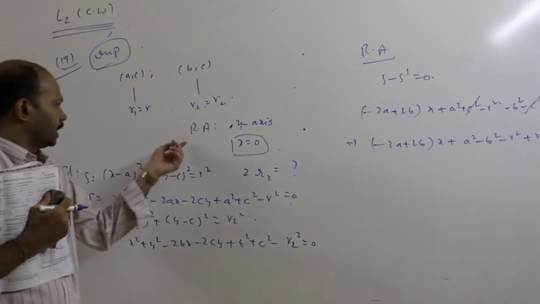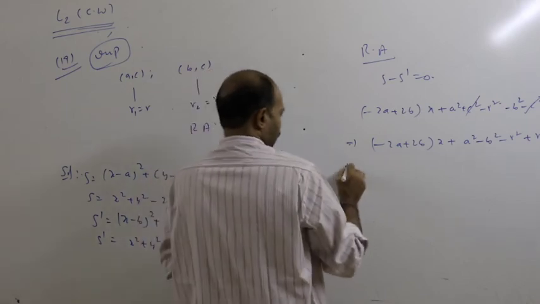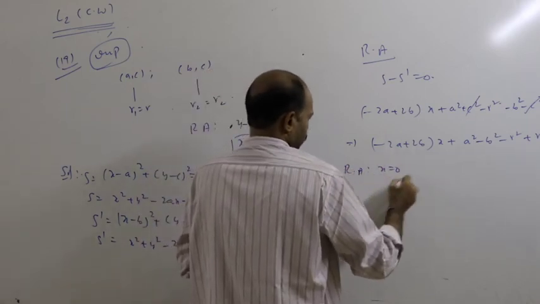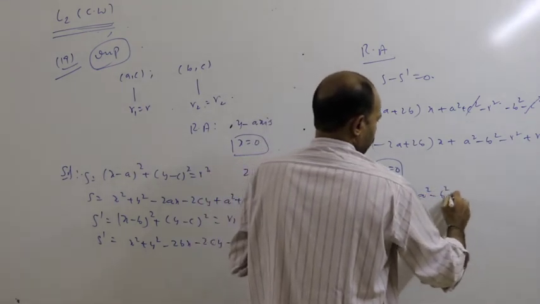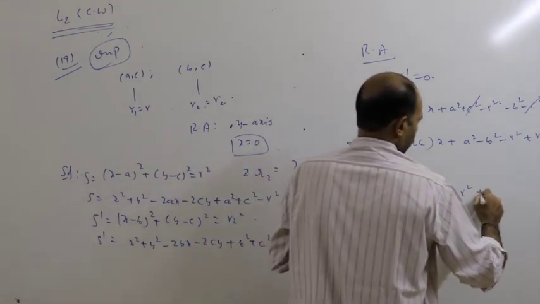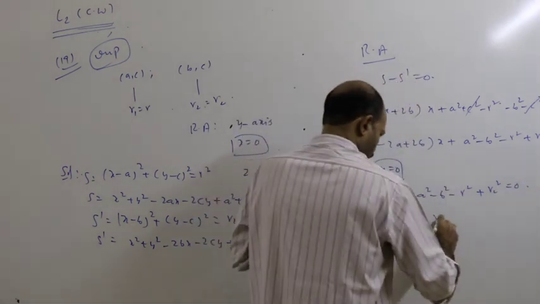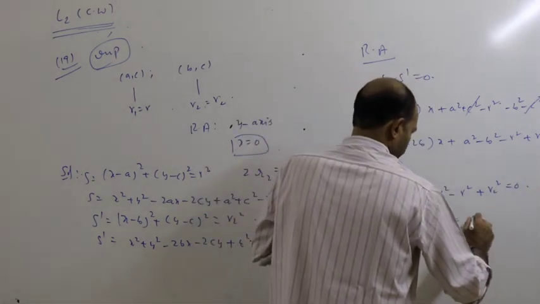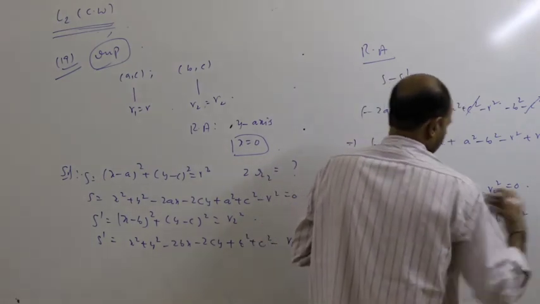But given this radical axis is the y-axis, that means x should be 0. The radical axis is x equal to 0. This implies the x term becomes 0, and a square minus b square minus r square plus r2 square is 0. That implies r2 square is r square plus b square minus a square.